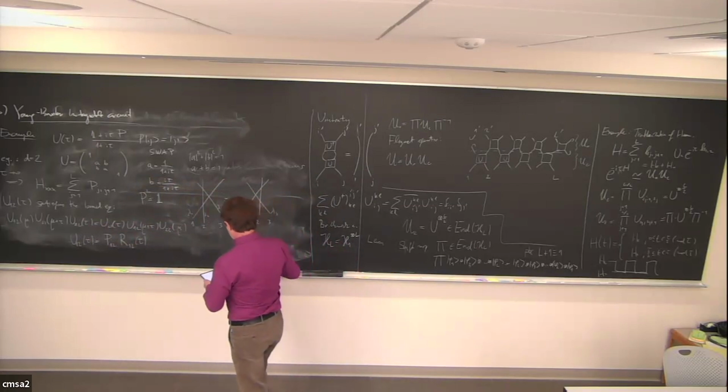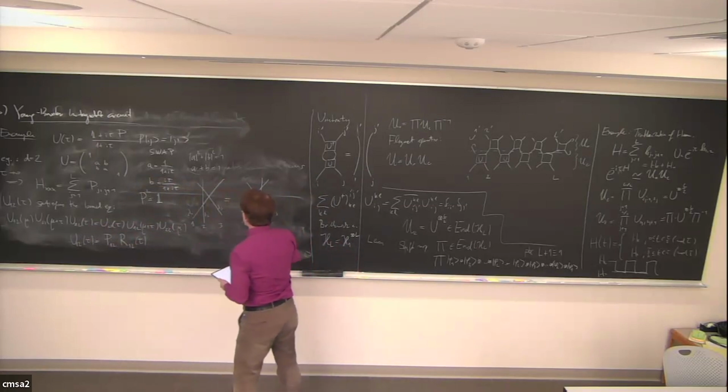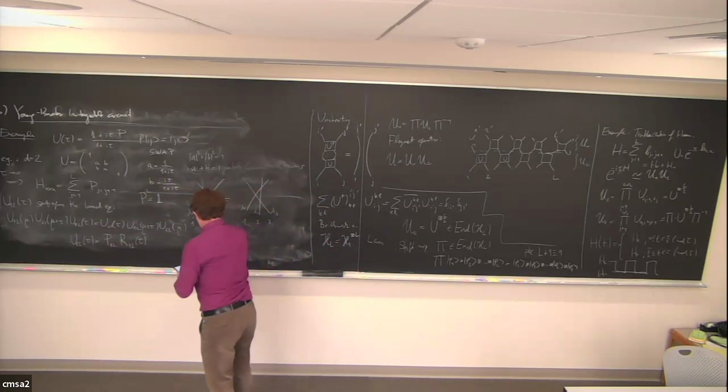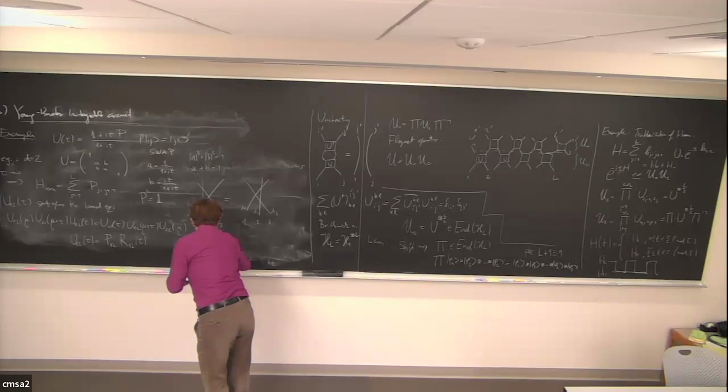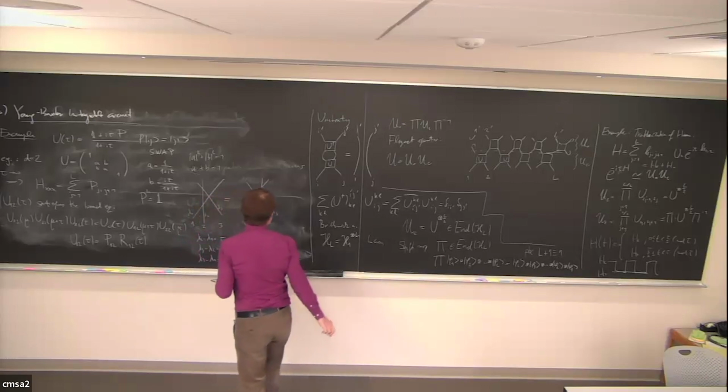So, for example, let's call lambda 2 minus lambda 1 tau, lambda 3 minus lambda 2 mu, and so lambda 3 minus lambda 1 is tau plus mu. Okay.